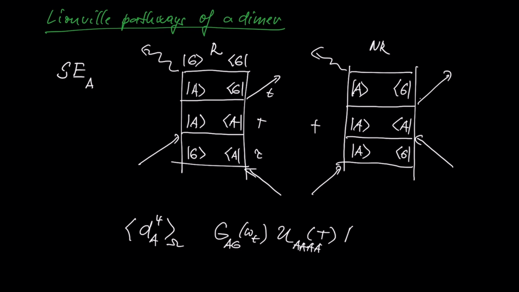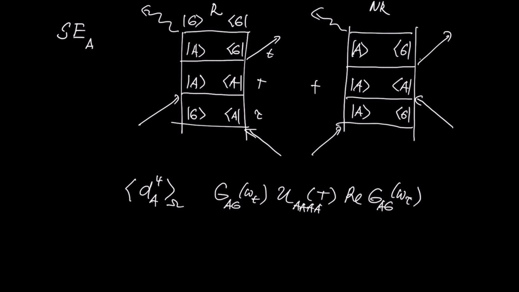So if we sum them together, we get a real part of g a g omega tau. So this is how the contribution of tau of the first interval can be turned into the absorption on the state A or to the state A.